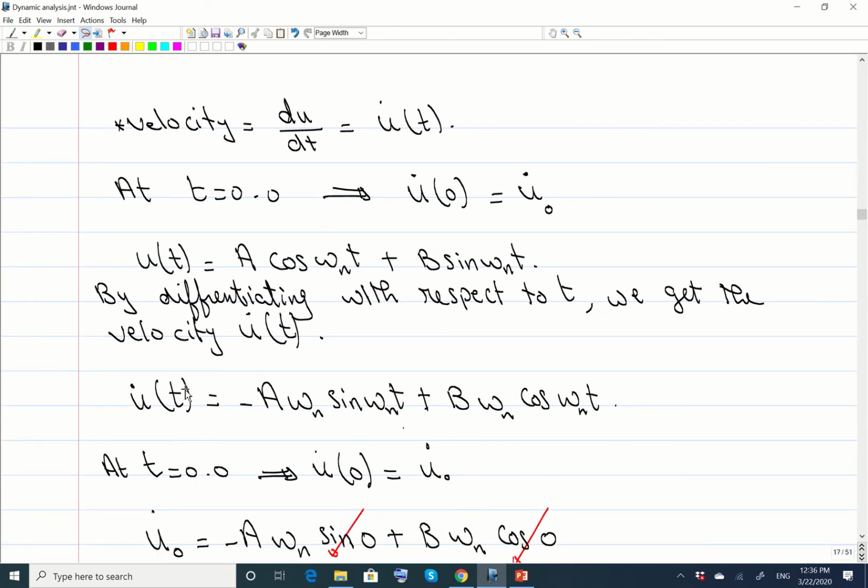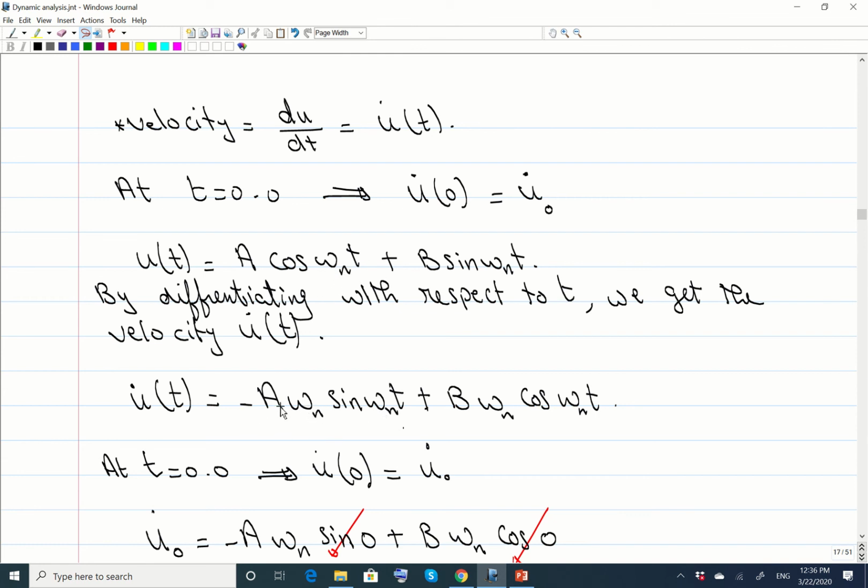So u dot of t is just the differentiation of that equation. The differentiation of cosine of a constant multiplied by theta is the negative sine of that function multiplied by the constant.